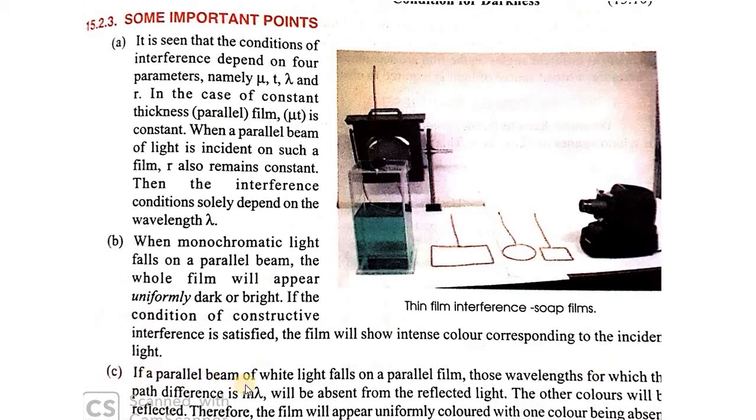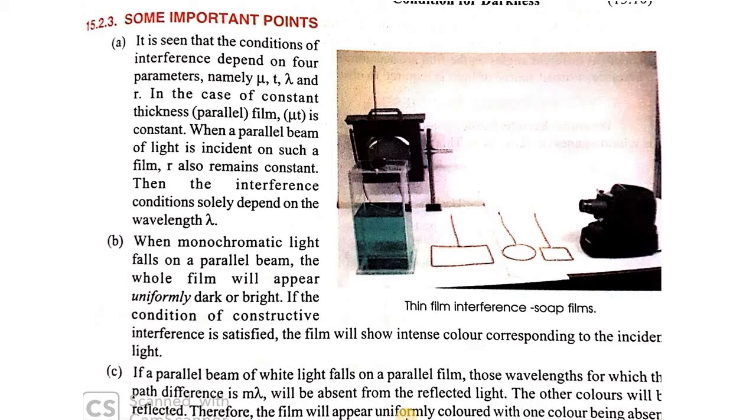If a parallel beam of white light, instead of monochromatic light, falls on the parallel film, those wavelengths for which the condition for the path difference of m lambda is satisfied will normally be absent in the reflected light, and other colors will be reflected. Therefore, the film appears uniformly colored with one color being absent.